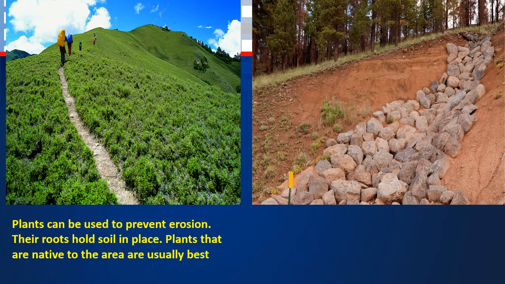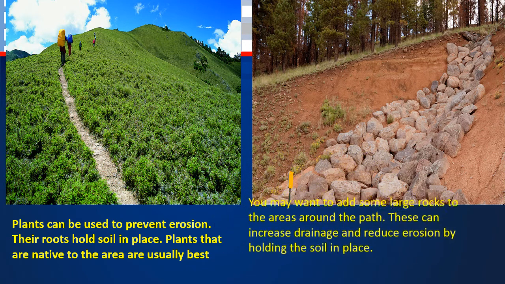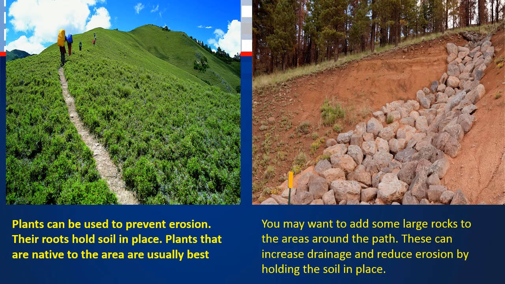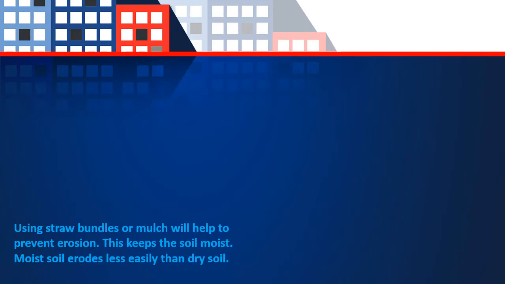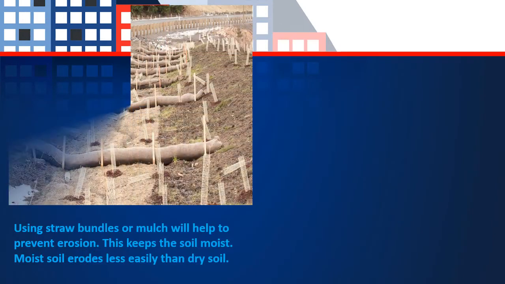The second picture shows another solution by adding some large rocks to the area around the path. This can increase drainage and reduce erosion by holding soil in place. So it prevents the washing away of the soil too. These are the solutions to the area.